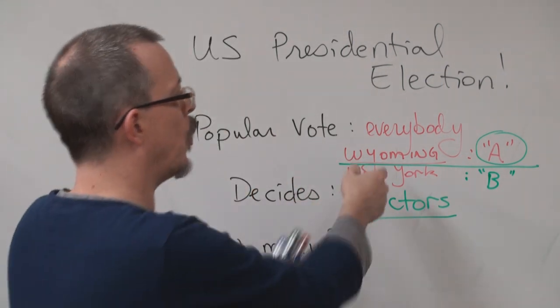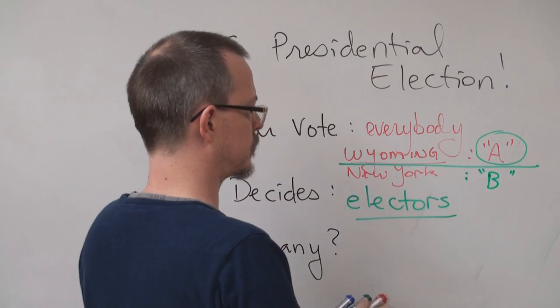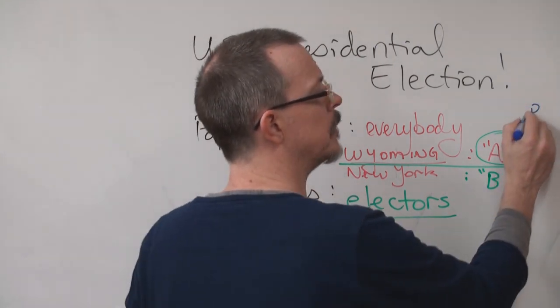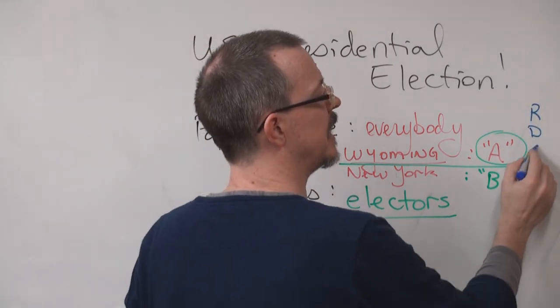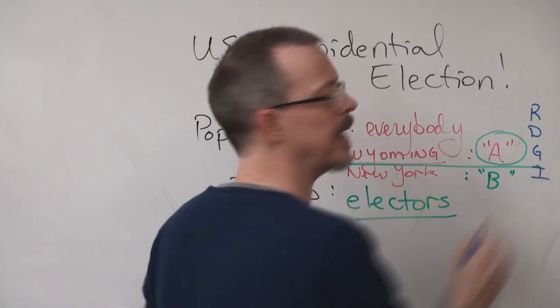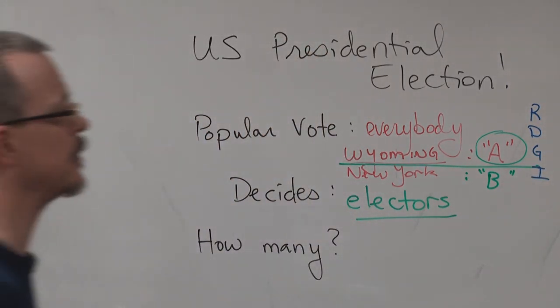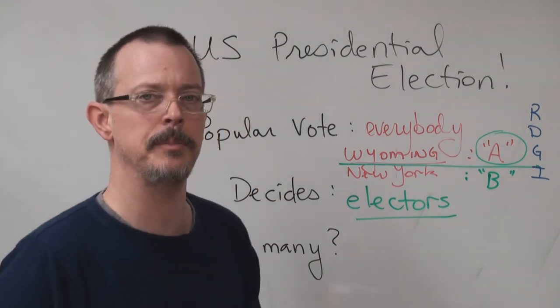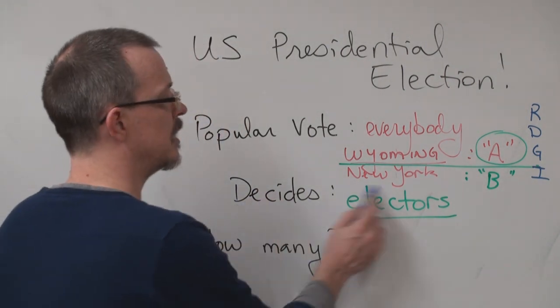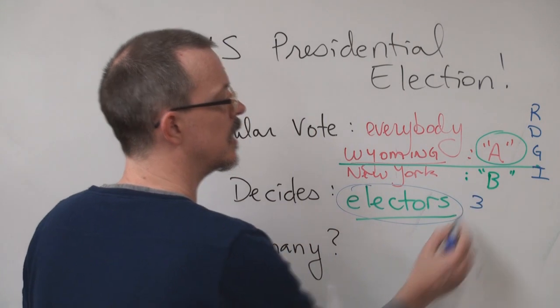So for example, in Wyoming, let's say we have Republicans, Democrats, Green Party, and Independent. Now Wyoming is allowed 3 electors.